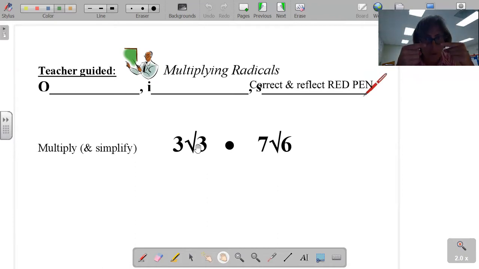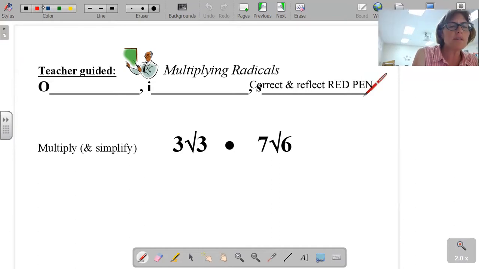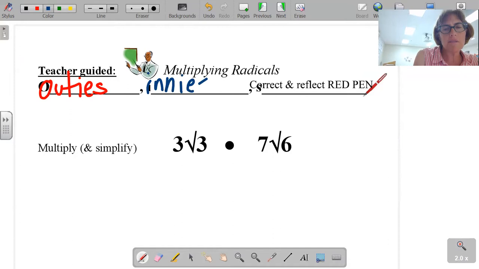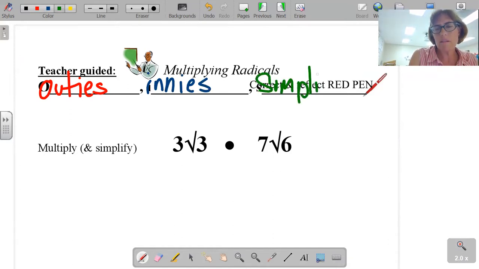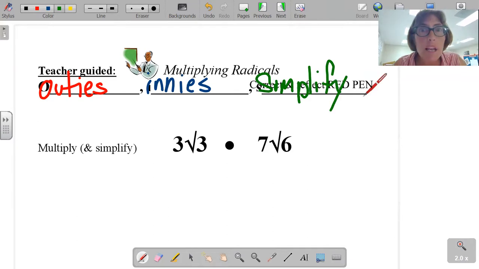There's a reason for the gestures, guys. Get used to it. Outies, innies, simplify. Let me explain what this means.